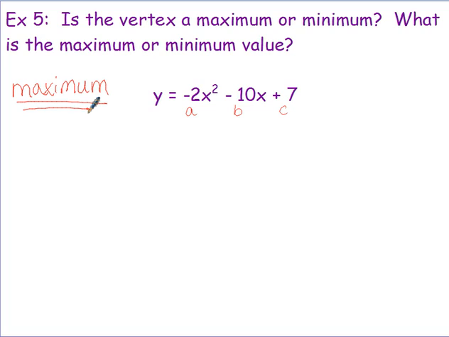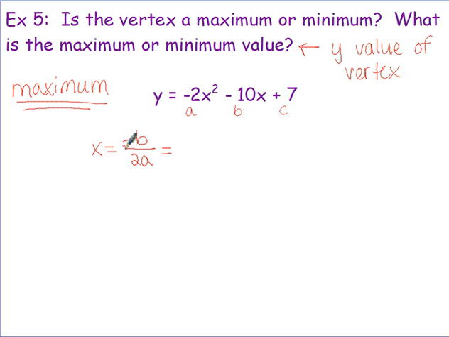Now they actually want us to know what is the maximum or minimum value. In other words, how high really does it go? So when they ask for the maximum or minimum value, they're asking for the y value of the vertex. So we just got to find the vertex. So let's do exactly what we did on the graphs. X equals opposite of B over 2A.